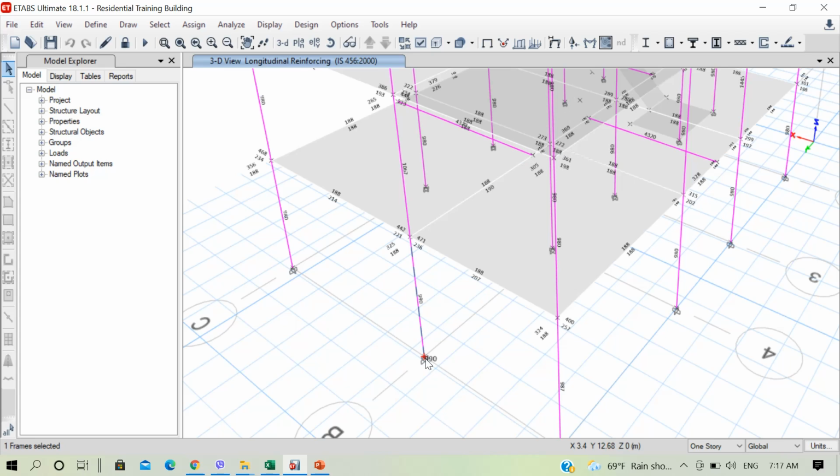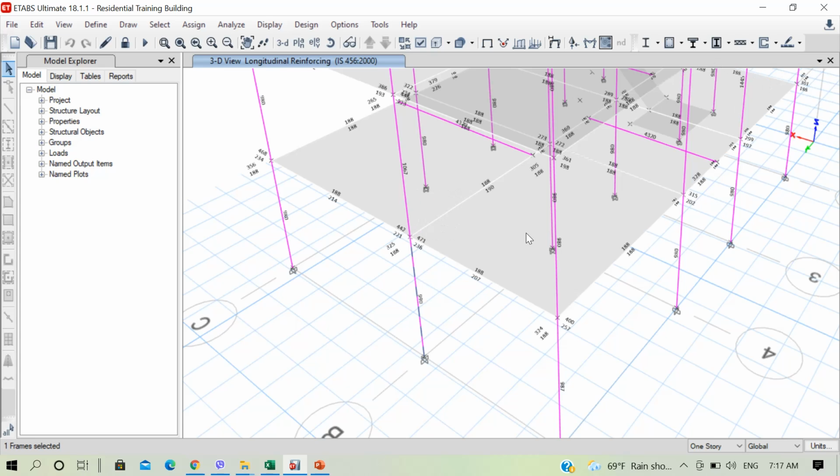While for another joint which lies on the base of this column, the joint is fixed. So what IS code says is that the effective length of these columns is based on the beam elements that is being inserted into this column.